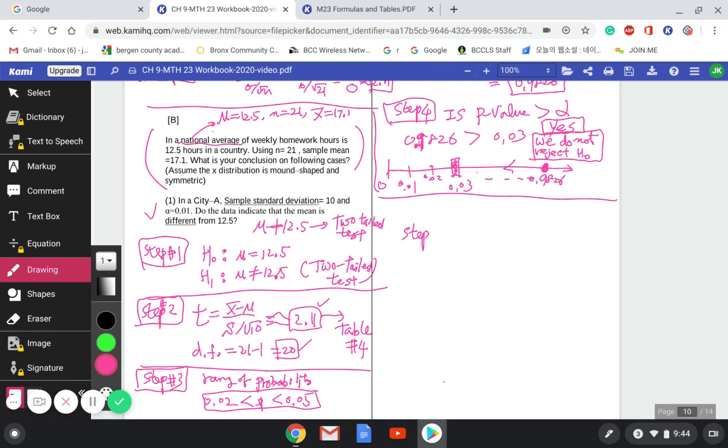So step 4, we are testing is range of probability, we call p-value, bigger than alpha. So that's p-value in two-tailed area.